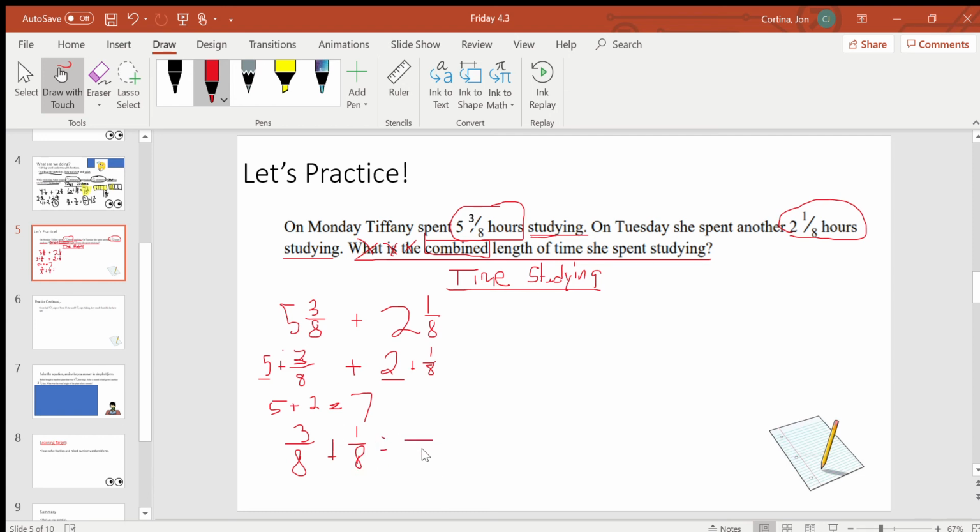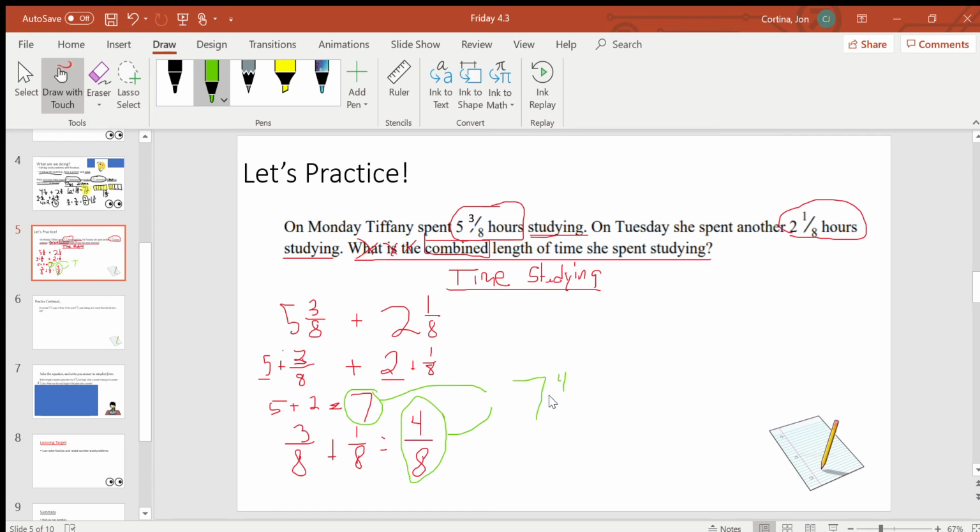Common denominator, 8. So all we do is add across the top. 3 plus 1 is 4. So we ended up with the total whole hours and then a part of an hour, and we're going to combine those to get a mixed number.